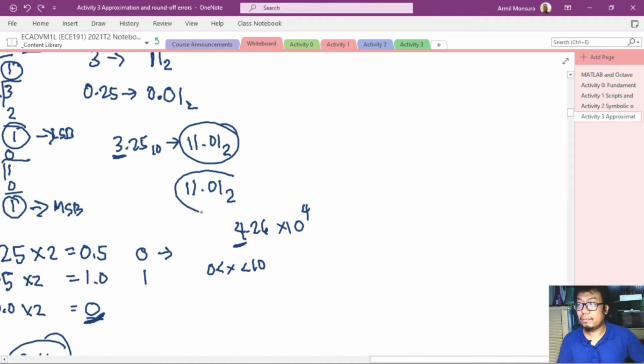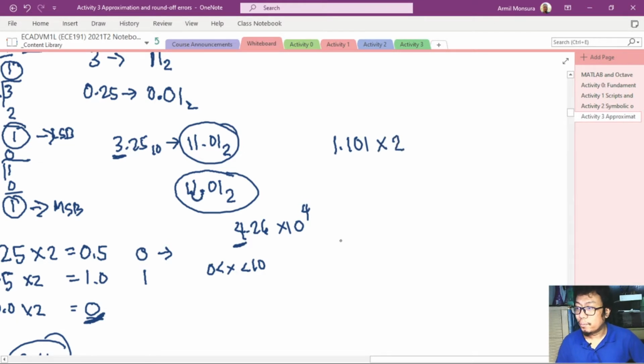Same thing with binary. When you move this radix point, it is so that this number becomes only a single bit here. If you do that, you would have the number 1.101. I moved the radix point from here to here, and then I would have to multiply this by 2.